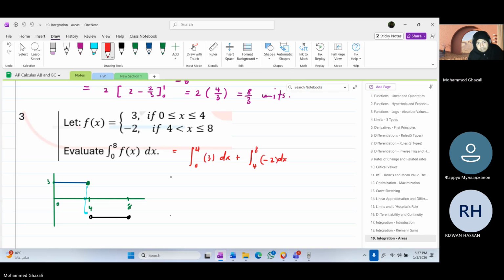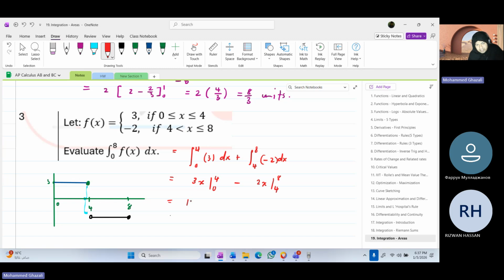So this is going to give me 3x from 0 to 4 plus negative 2x. Why am I saying plus negative 2? Plus and negative becomes negative. And 2x from 4 to 8.